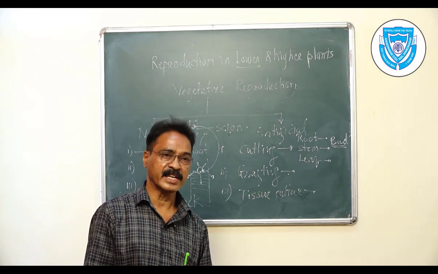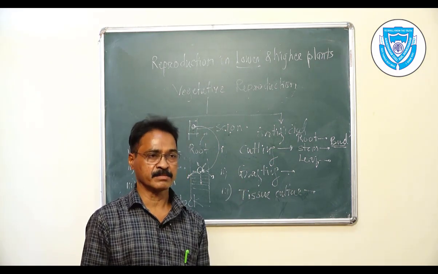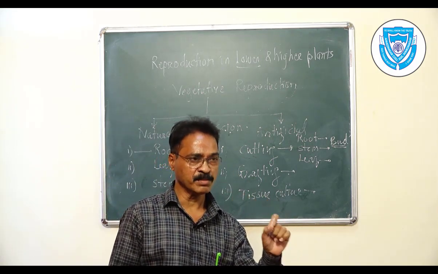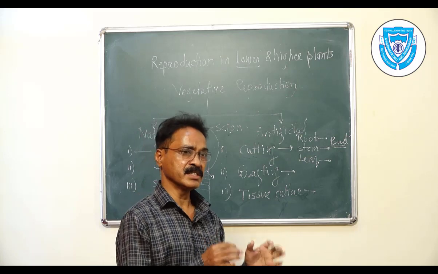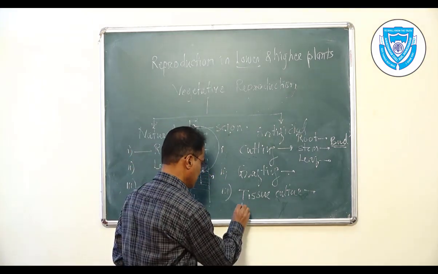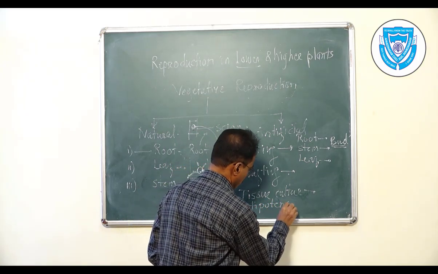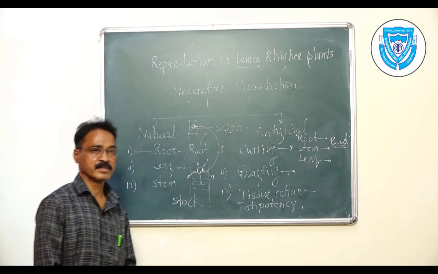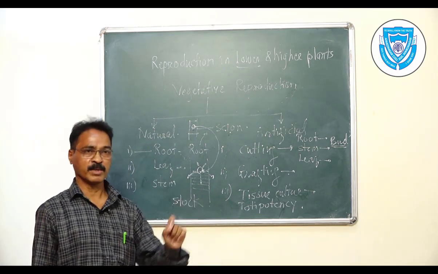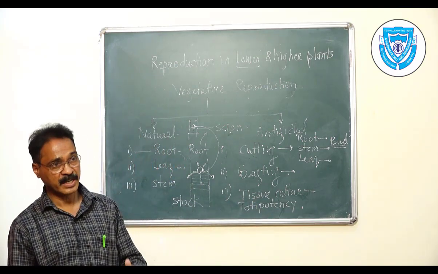Now the tissue culture technique, as the name indicates, relies on a property of the cell. Any type of cell in the plant has the property to regenerate into a new plant, which is called totipotency. It means a single cell or a small part of the plant is able to give rise to a new plant. It regenerates.